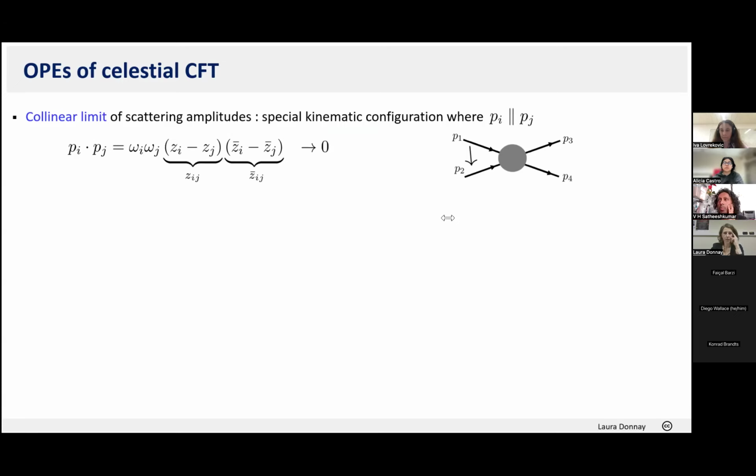So it doesn't seem to have to do a lot with having a full theory of quantum gravity. Just to be clear on this point, I'm not claiming that celestial holography is going to provide a theory of everything for quantum gravity in flat spacetime. Just one huge disclaimer here.